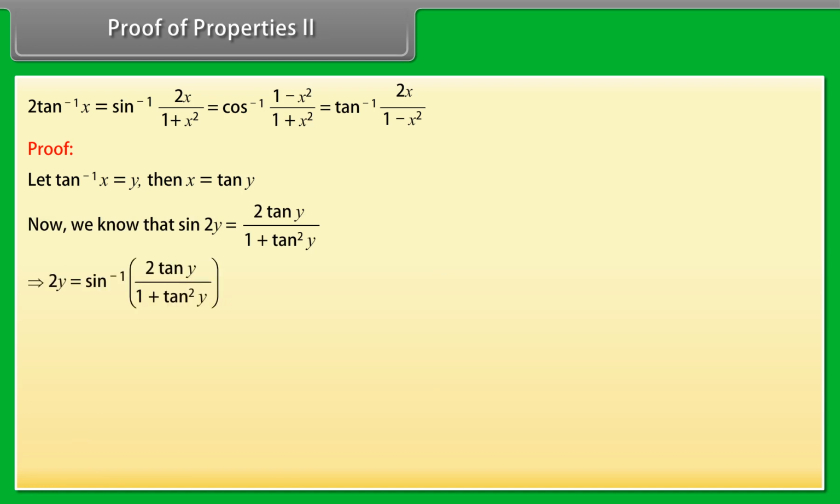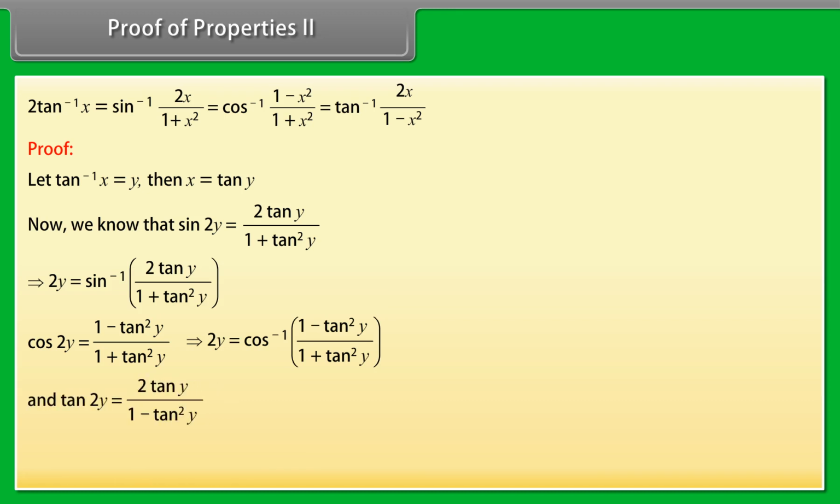It implies that 2y is equal to sine inverse of 2 tan y by (1 plus tan square y). Cos 2y is equal to (1 minus tan square y) by (1 plus tan square y). It implies that 2y is equal to cos inverse of (1 minus tan square y) by (1 plus tan square y). And tan 2y is equal to 2 tan y by (1 minus tan square y). It implies that 2y is equal to tan inverse of 2 tan y by (1 minus tan square y).